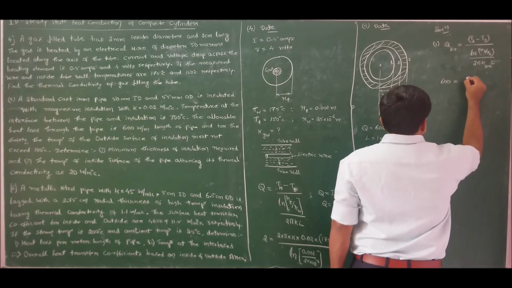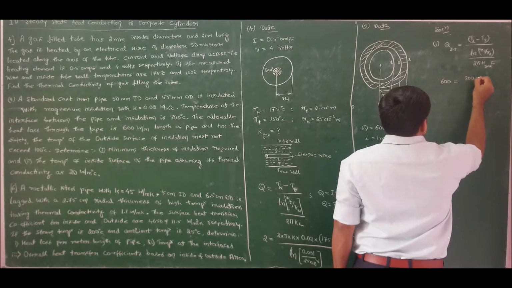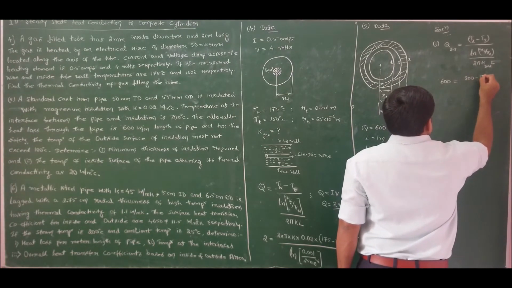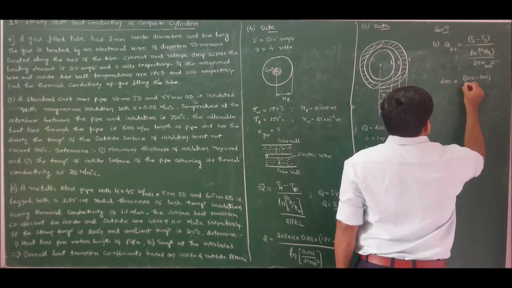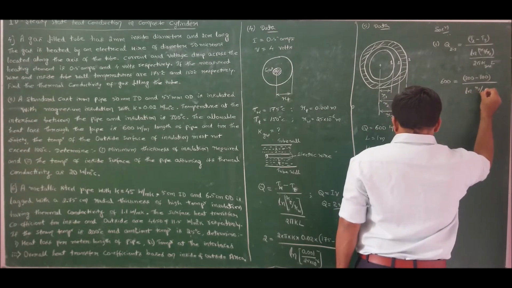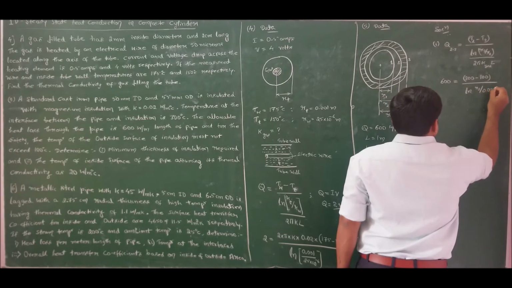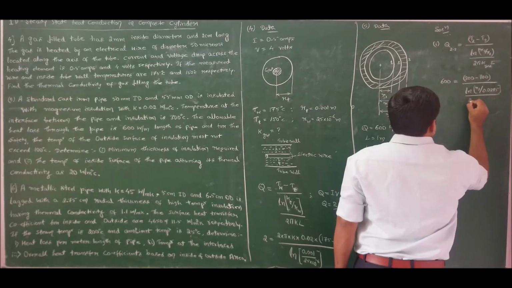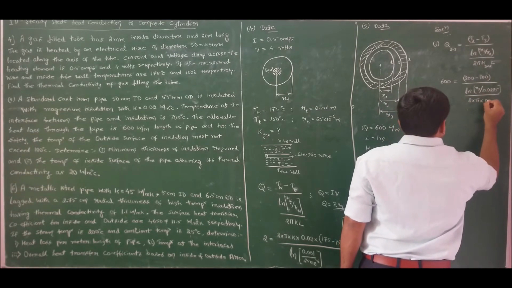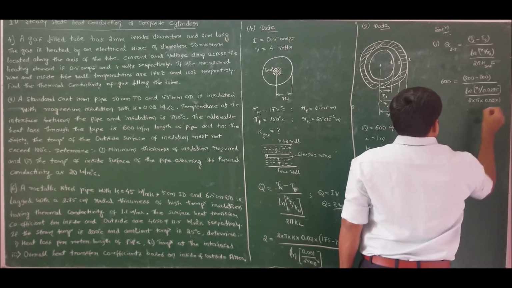T2 is given for us, which is 300 degrees Celsius, minus T3 is also specified, which is 100, divided by ln of R3, which is unknown, by R2, which is known for us, which is 0.0275, whole divided by 2 into pi into K insulation, which is 0.02, into 1 meter.